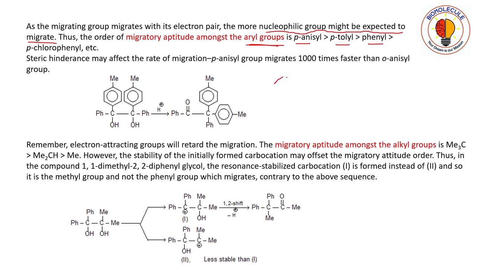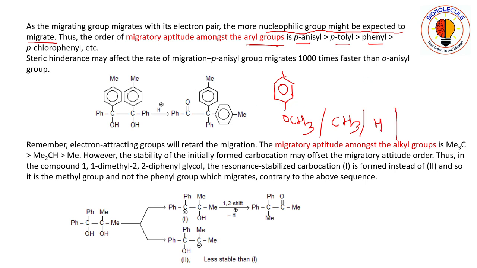Now, what is para-anisyl? Para-anisyl means OCH3 in the 4 position. Para-tolyl means only CH3 will be present. Phenyl means hydrogen will be present here, only the benzene ring.